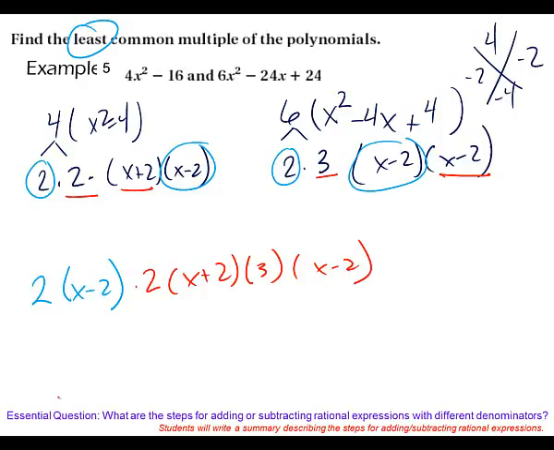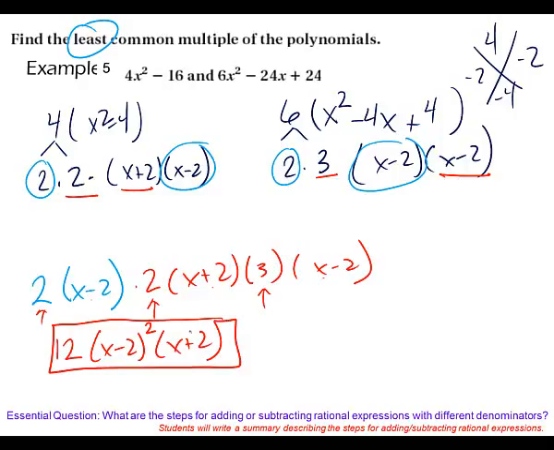I'm going to multiply together my 2, 2, and 3. So what's 2 times 2 times 3? 12, good. I have how many of these x minus 2's? 2 of them. So I'd write x minus 2 squared, and then we've got the x plus 2 left behind. That's what we would write for our least common multiple.